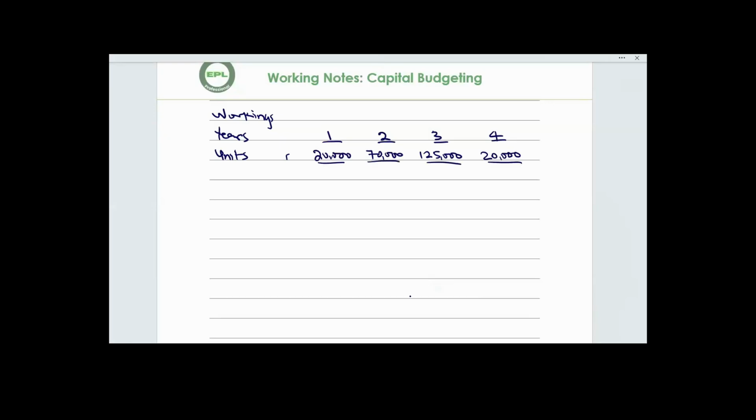Let's say this is A, working number 1. I want to determine the sales value. How do I get my sales value? I will go to the question and pick the selling price.